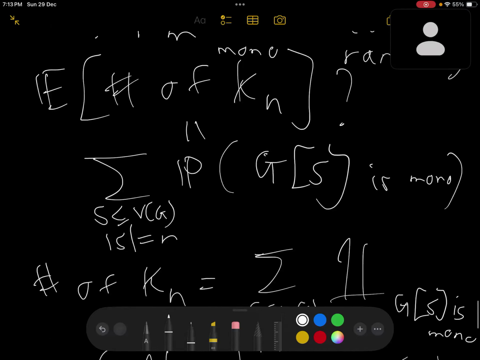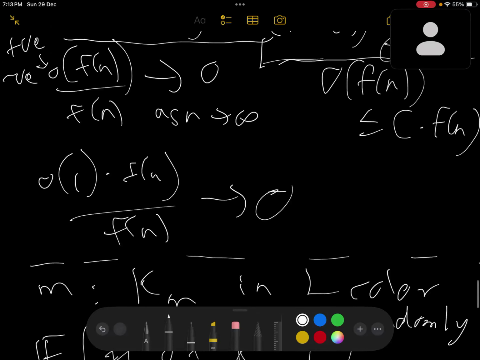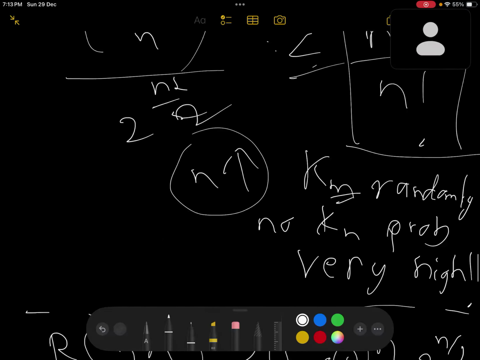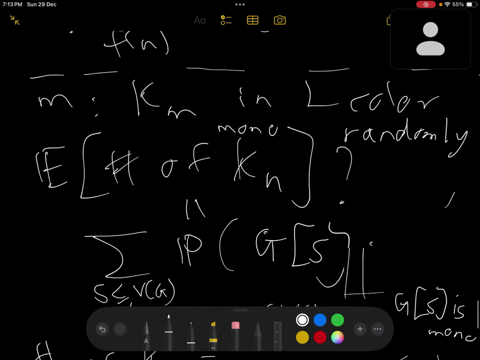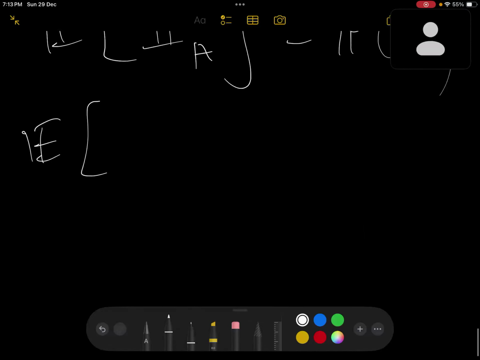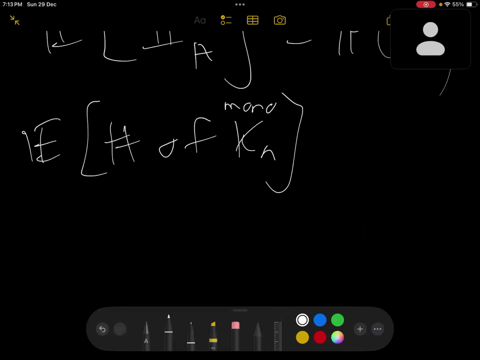And again, what's the probability that G_S is monochromatic? We had calculated it above. It's 2 raised to n choose 2 divided by 2 raised to n choose 2, and the number of S we had also calculated above. So all in all, we get that the expected number of monochromatic kn is m choose n times that probability.